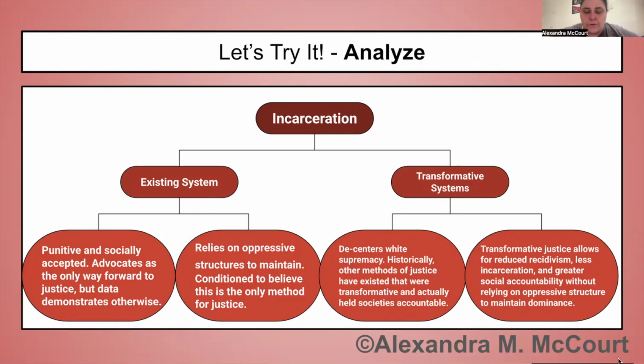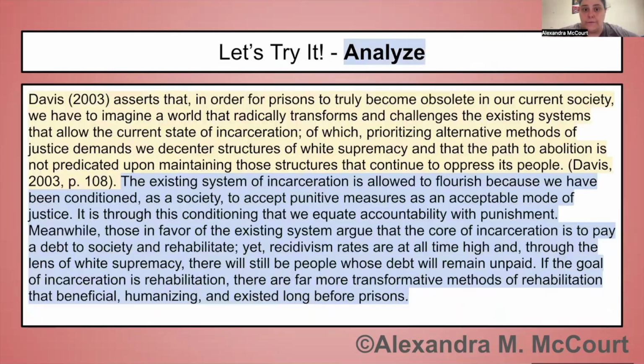So now that I've broken down and begun to analyze what Davis actually means, I wrote it out. My analysis is going to be in blue, and in yellow was my summary from before. So I'm going to reread my summary, and then I'm going to read my analysis.